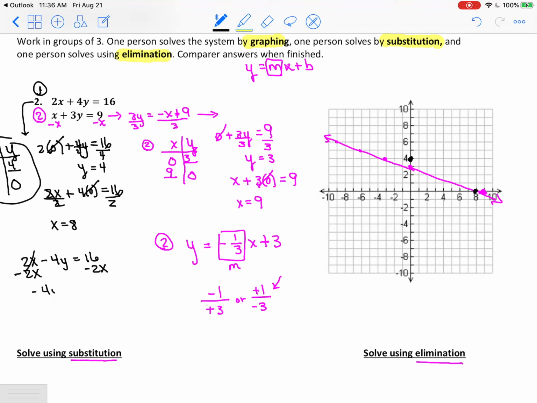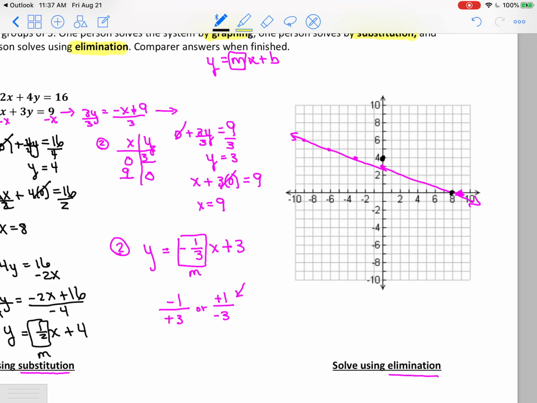All right, so negative 4y is negative 2x plus 16. Divide everything by negative 4. Y is equal to 1/2 x plus 4. All right, so I'm going to pay close attention to my m in that equation.